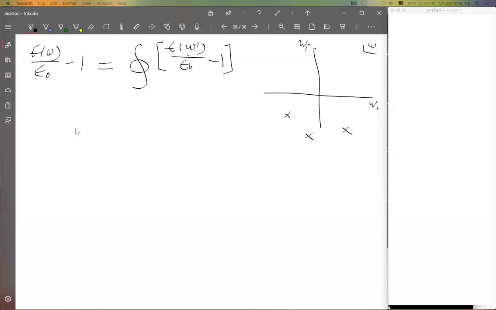So basically the same function, integrated over a loop. This is a function of omega, this is a function of omega prime. You integrate over omega prime, divided by omega prime minus omega. This is called the Cauchy theorem.